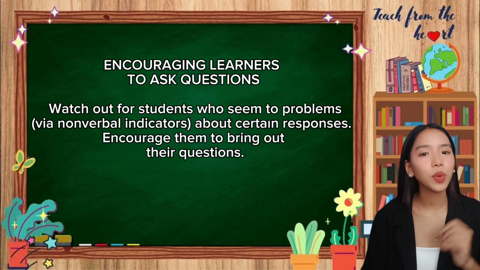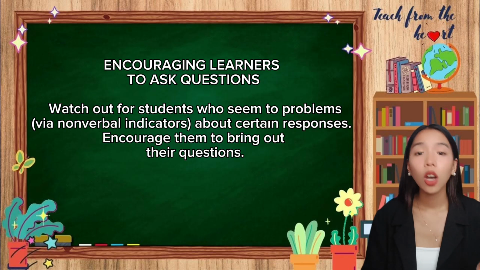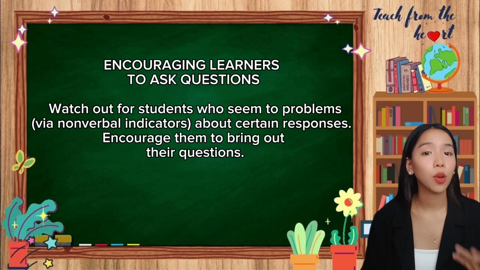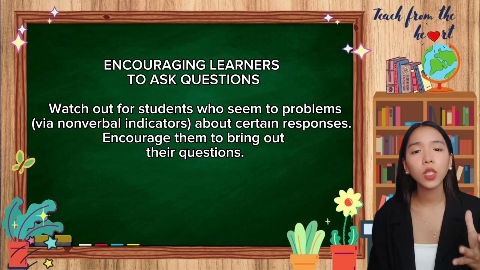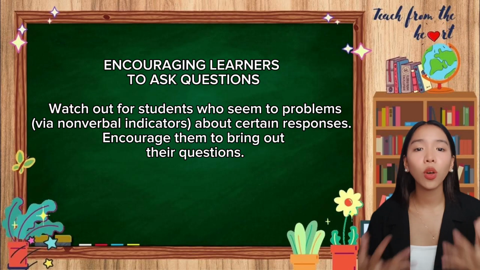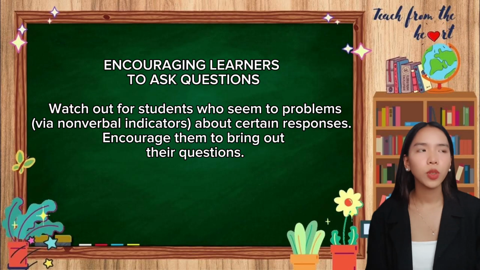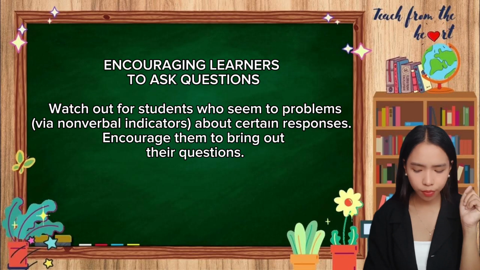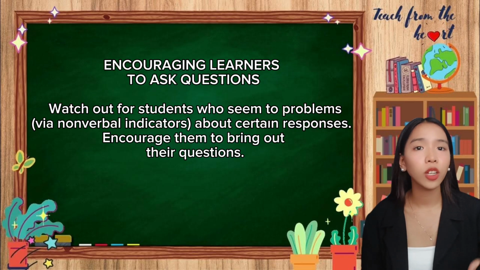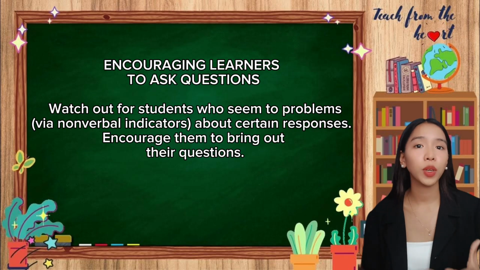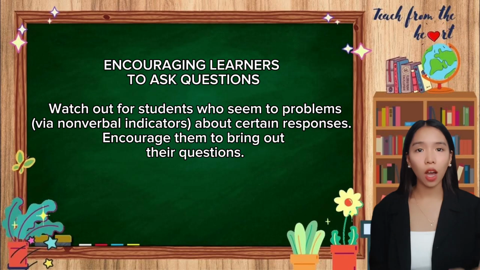When we say non-verbal signal, what does it mean? We don't speak up, we don't use our words or mouth. If you see the face of the student change, we call that a confused face. If you see a student doing like this, they are afraid to speak up. They are just making a facial expression because they are afraid to speak up, right?